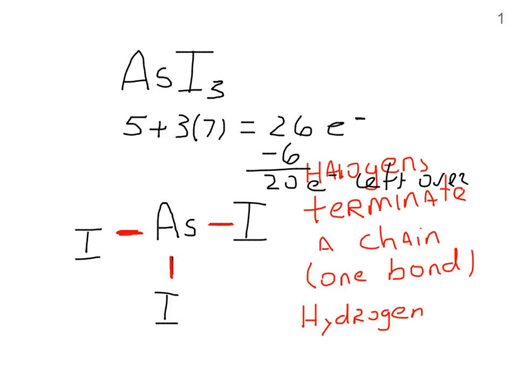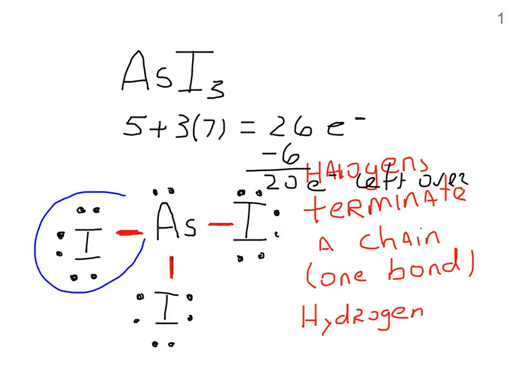So here I go. 1, 2, 3, 4, 5, 6, 7, 8, 9, 10, 11, 12, 13, 14, 15, 16, 17, 18. Where do the last 2 go? Yep, 19, 20. By doing that, everybody here has 8 electrons around it.